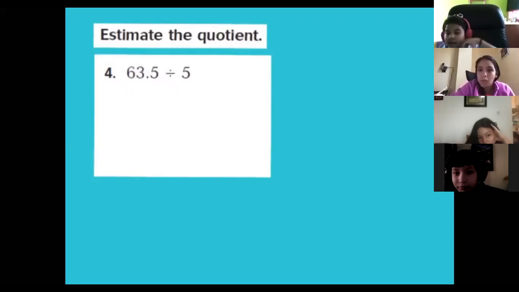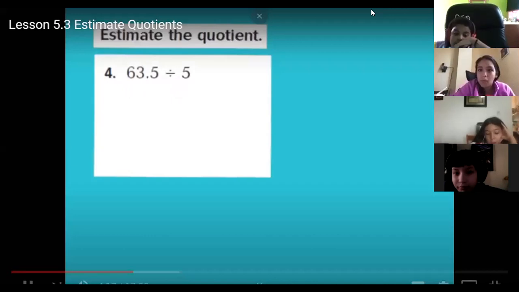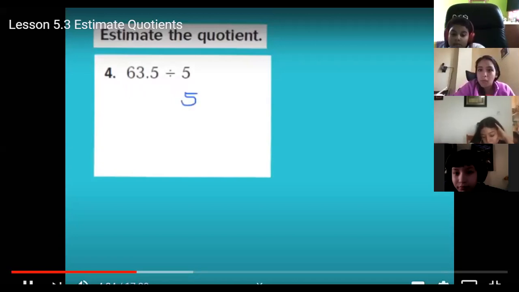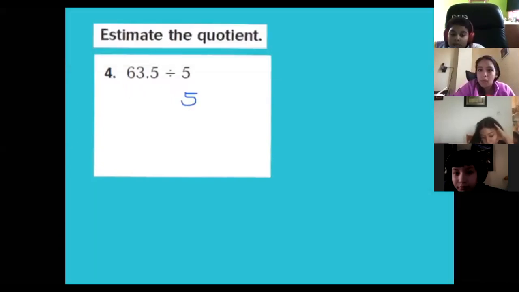I'm going to start by looking at my divisor, which in this problem is the number 5. And what I know is 5 is a pretty easy number to work with mentally. So I'm going to keep my 5 a 5, and I'm going to write down my 5. Now what I have to decide is, what's a number close to 63 5/10 that is compatible with the number 5?